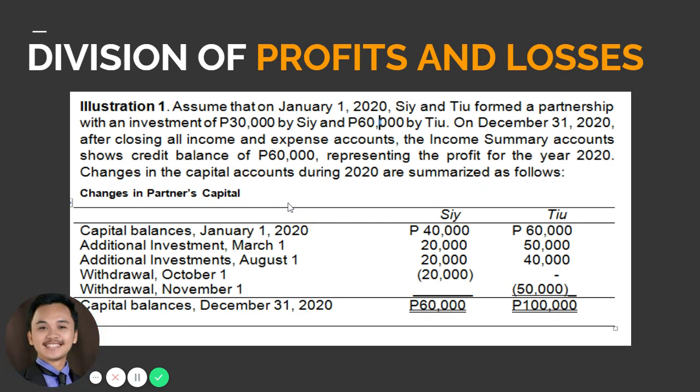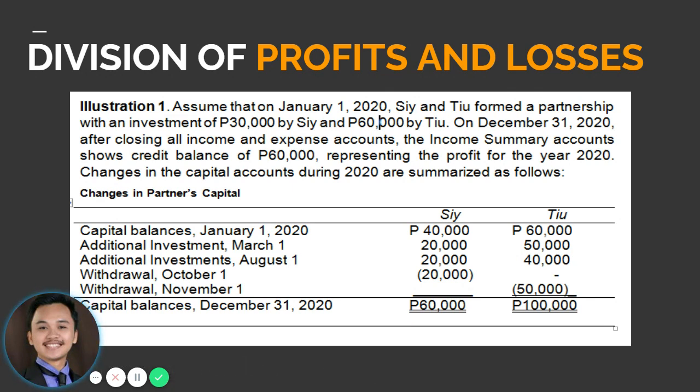So changes in the capital accounts during 2020 are summarized as follows. So these are the summary of capital changes. It starts from the beginning balance up to the ending capital balance. So we have here the data for Say and data for Chu. For Say, we have a beginning balance of 40,000, and at the end of December 31, 2020, it has an ending balance of 60,000.